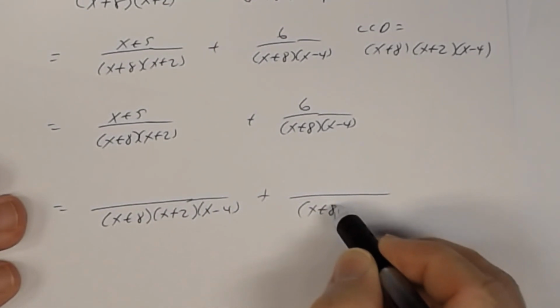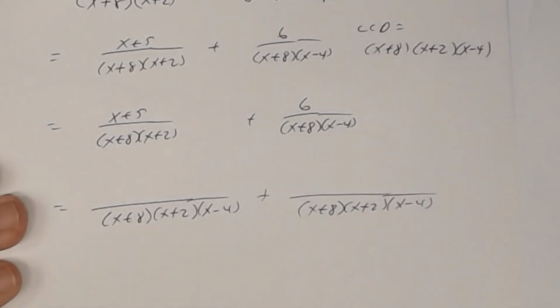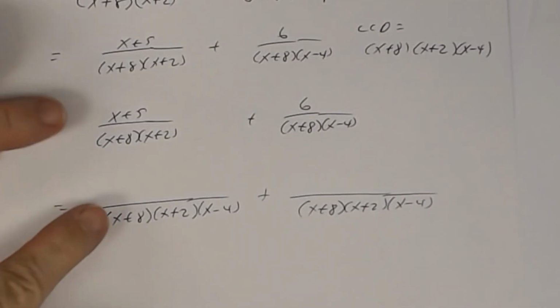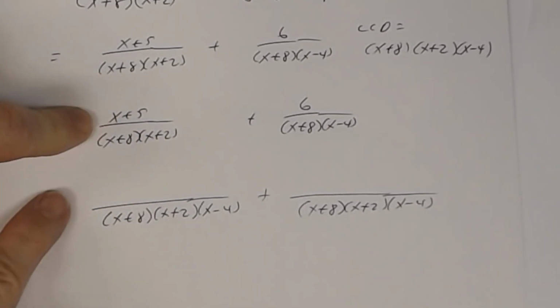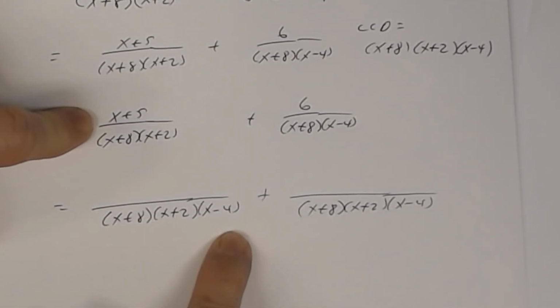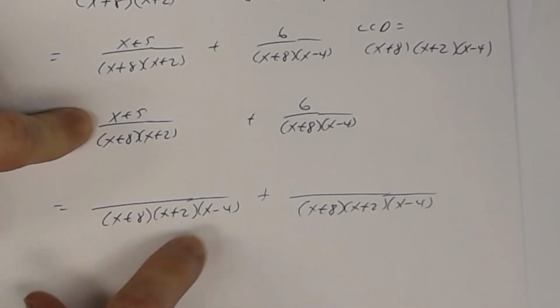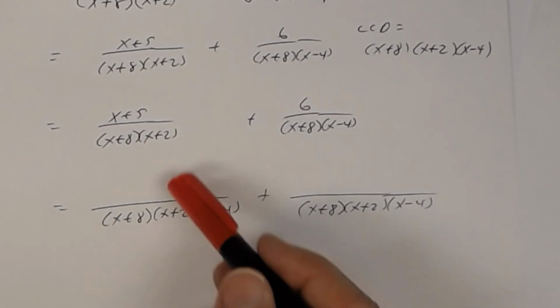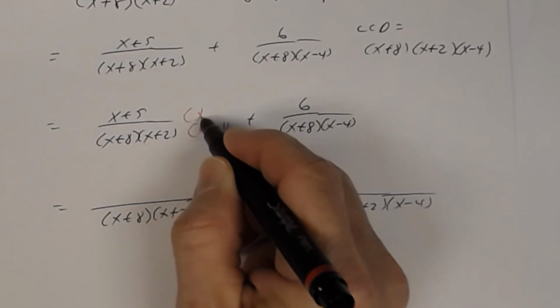You want these two rational expressions to be equivalent. Notice I have the x plus 8, I have the x plus 2, so I'm missing the x minus 4. If I want to write equivalent fractions, I've got to use x minus 4 as well.